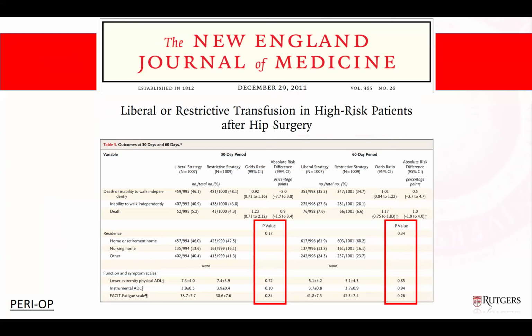The theory was that in patients with higher cardiovascular risk, if you used a liberal transfusion criteria of 10 grams per deciliter, you might improve outcomes, and that was shown not to be the case. In both groups, there was no significant difference in terms of death, mobility, where they went after, or functional scores.